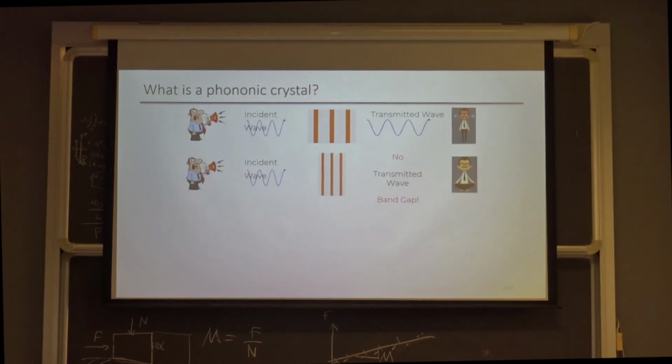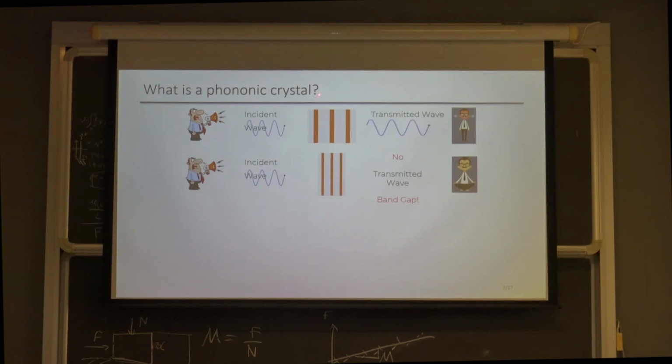Before talking about symmetries and phononic crystals, first I would like to introduce the concept of a phononic crystal. If you're not familiar with it, the simplest and most primitive example is a layered material.